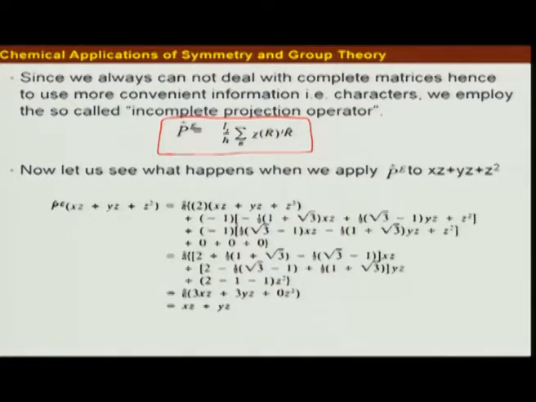So you do it for C3 squared and then you do it for the sigma v's, which have the character equal to 0. So 0 multiplying with all this ends up being 0.